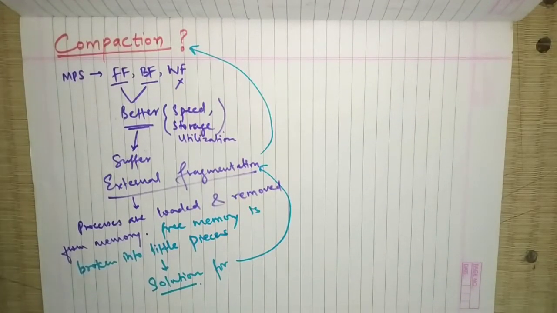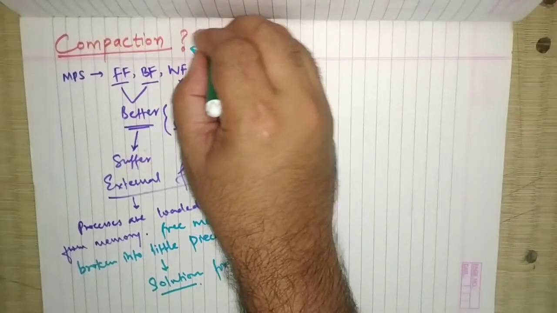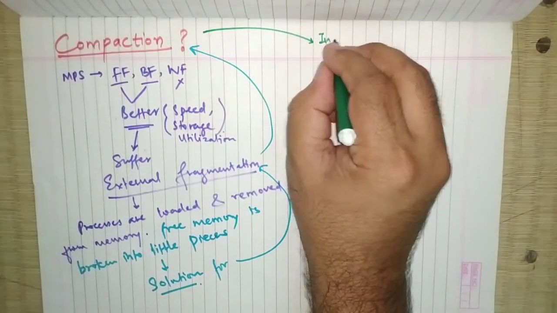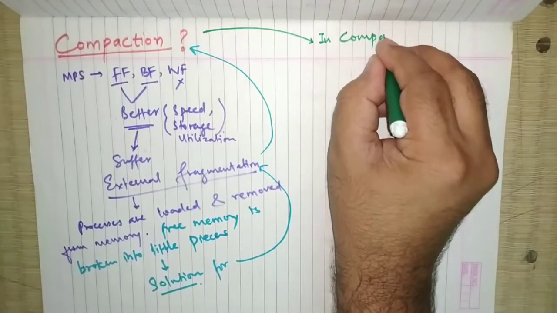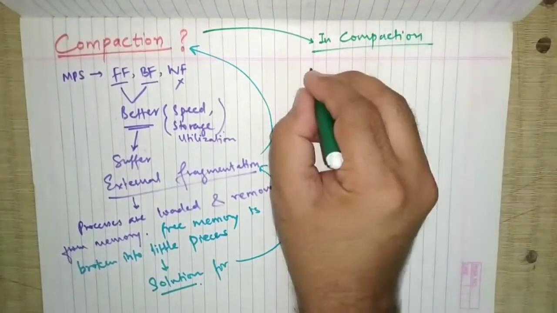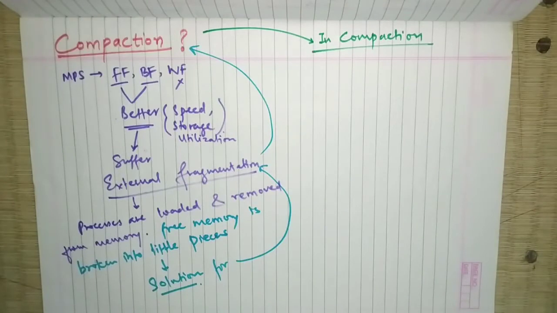In compaction, the goal is to shuffle the memory contents so as to place all free memory together in one large block.